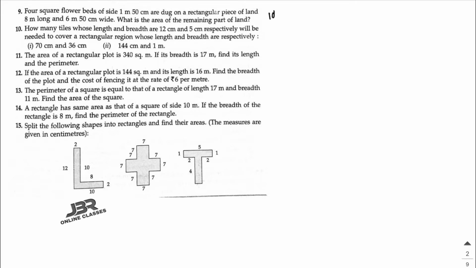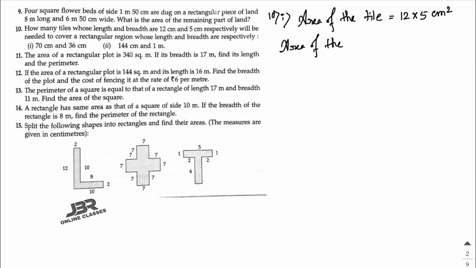Okay, so for 10 (1), the area of each tile is equal to 12 into 5 centimeter square. Now for the first problem, the area of the land is equal to 70 into 36 centimeter square.